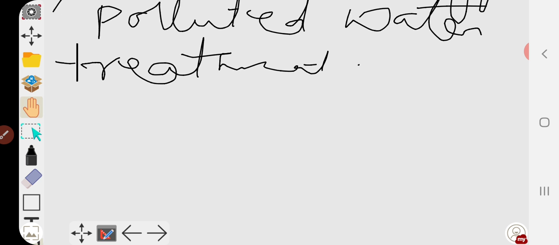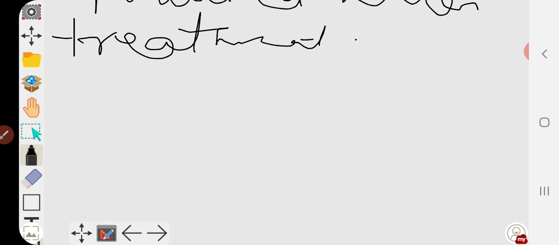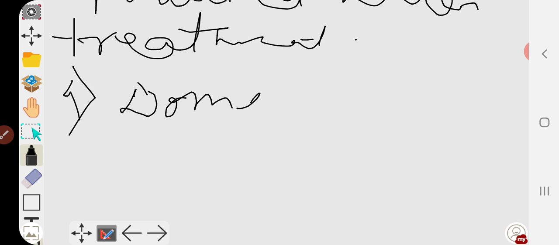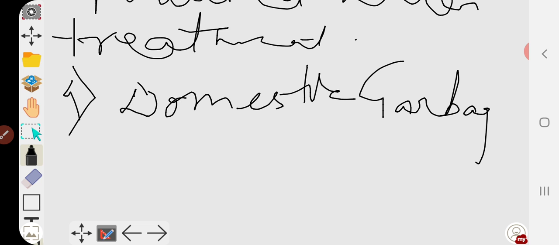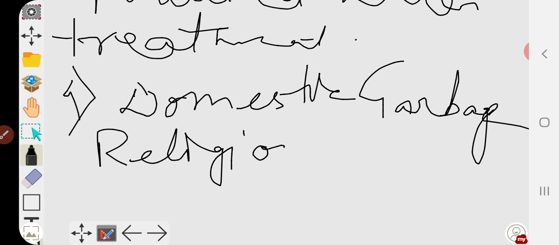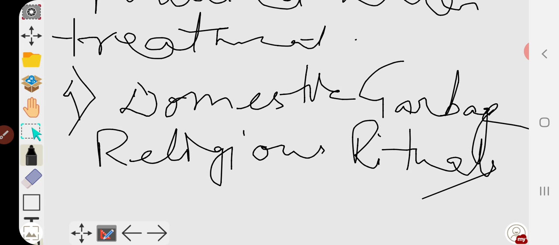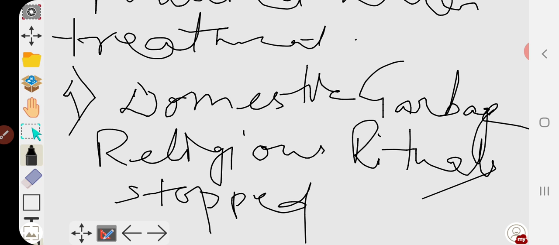So these are the basic ways. Then we should not throw any sort of domestic garbage, and religious rituals should be stopped. Religious rituals and throwing of domestic garbage all should be stopped.